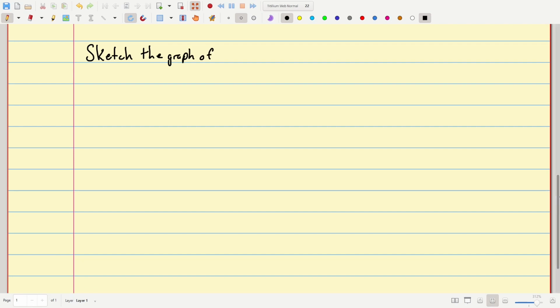Okay. So say we wanted to sketch the graph of this expression. Say that t is greater than or equal to 0.